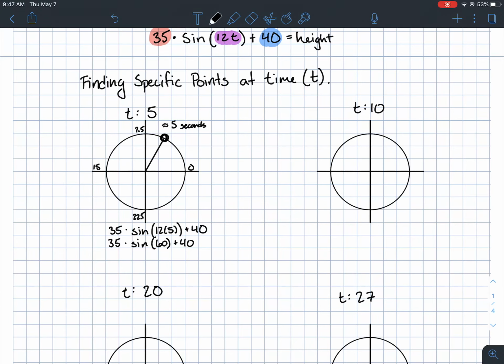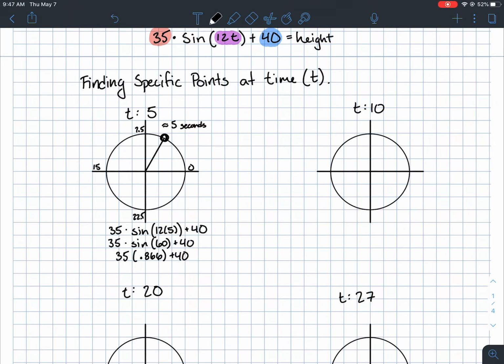On our calculator, the sine of 60 is 0.866. So we get 35 times 0.866 plus 40.